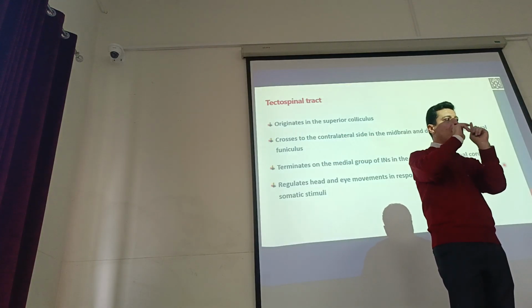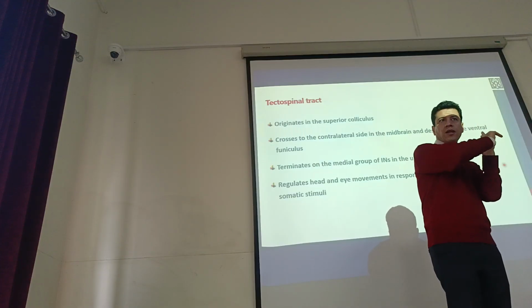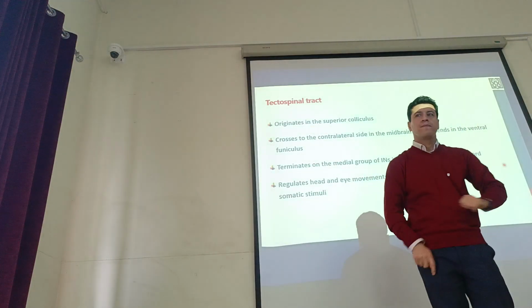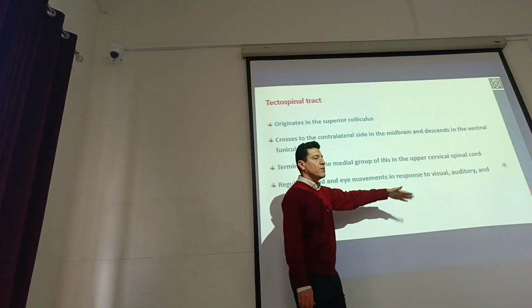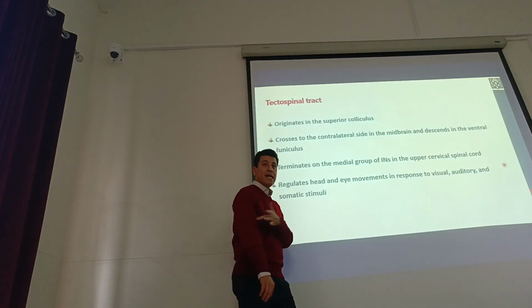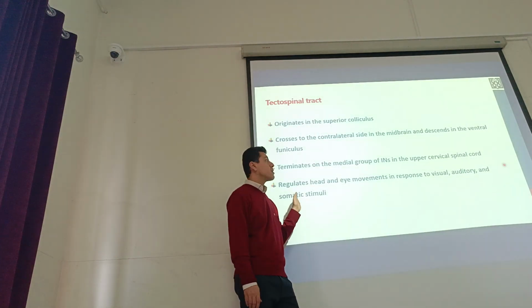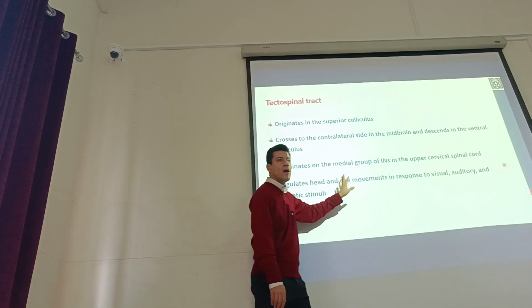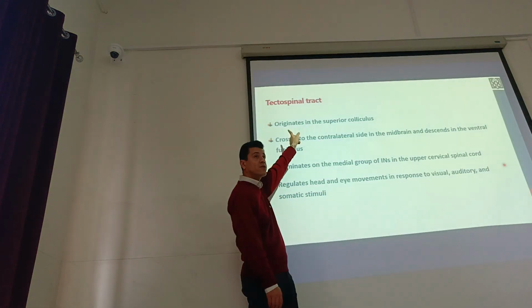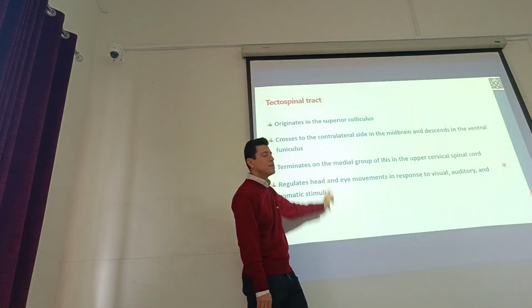Head and eyes change position and they go to the side of the stimulation, right? So visual stimulation, auditory stimulation, or somatic stimulation cause coordinated movements of eyes and head. So this is the function of the tectospinal tract.